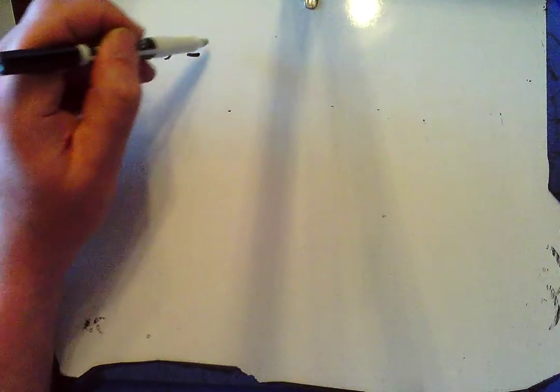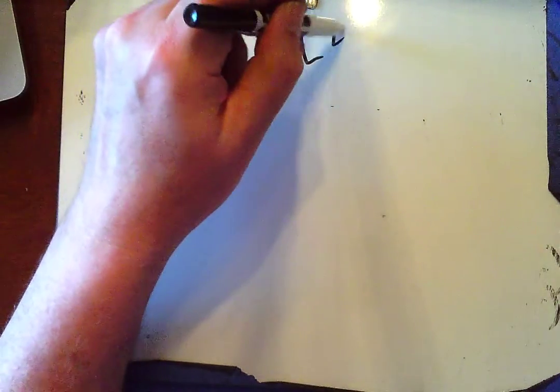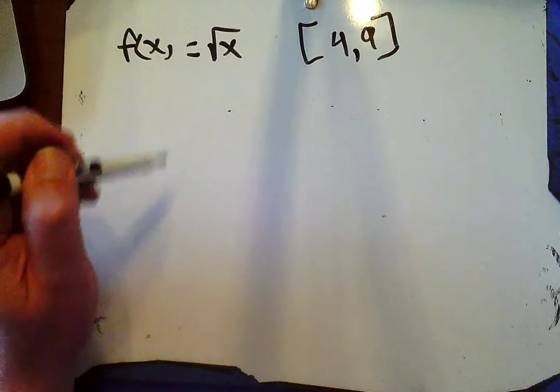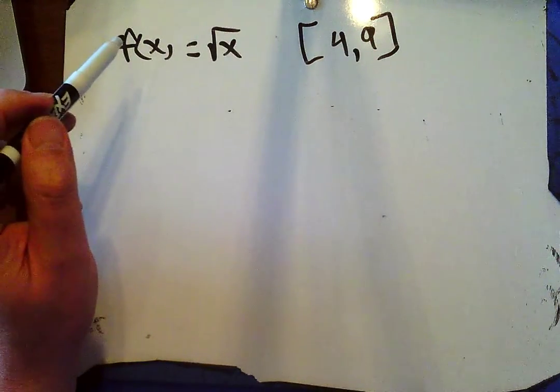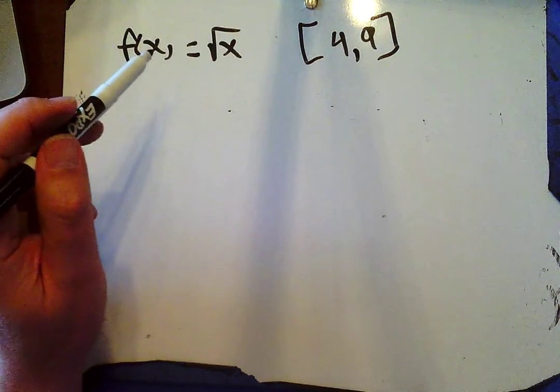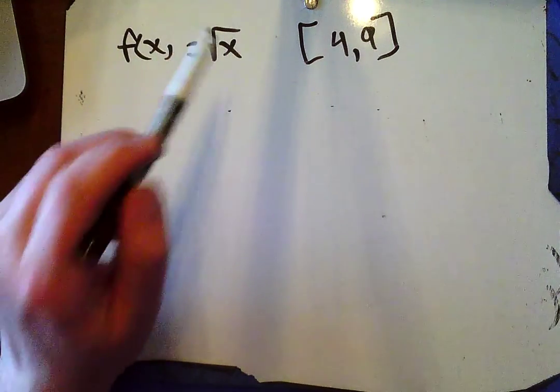Satisfy our curiosity about the point where the mean value theorem is satisfied in each case below. So I'm looking at f of x equals square root of x on the closed interval from 4 to 9. Now, remember, there are two preconditions for the mean value theorem. One is f is continuous.